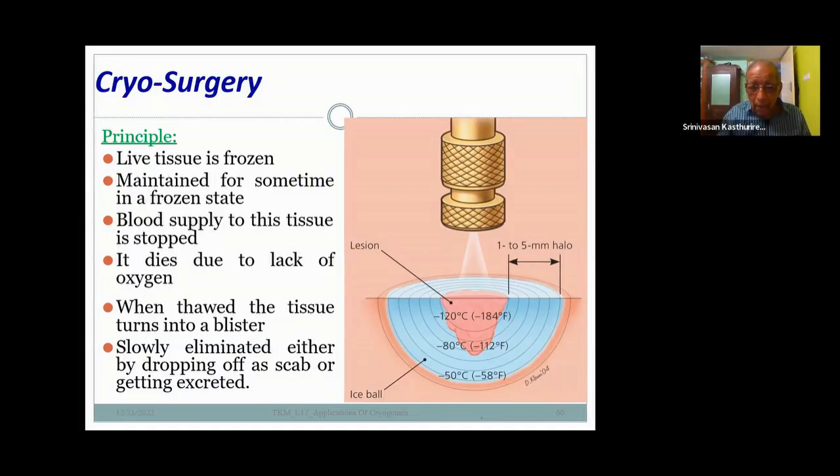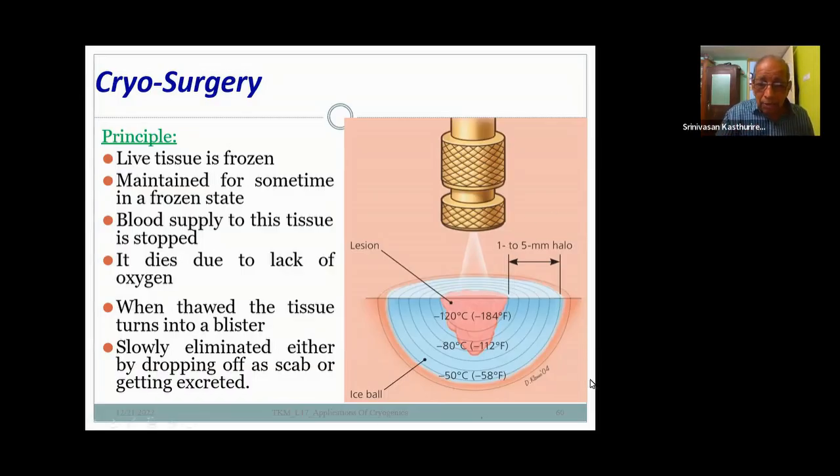And when you are freezing the tissue, surrounding cells also get frozen. For example, a halo of 1 to 5 mm is formed around your location, and ice will be formed in those zones. So what really happens is your cells are made to die in the zone.